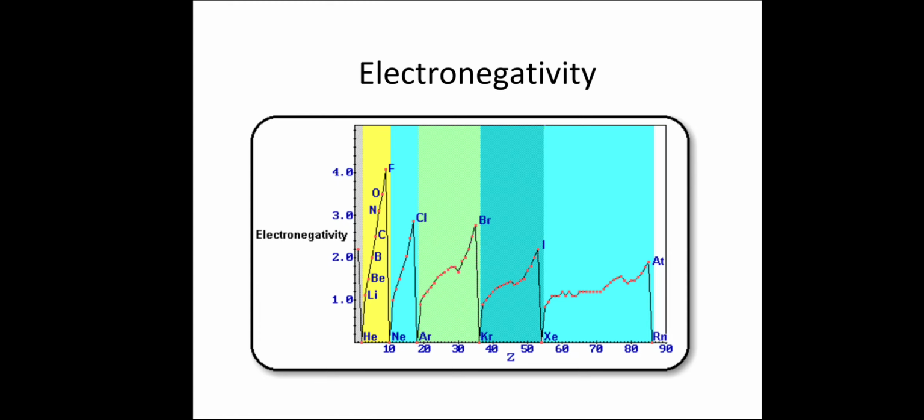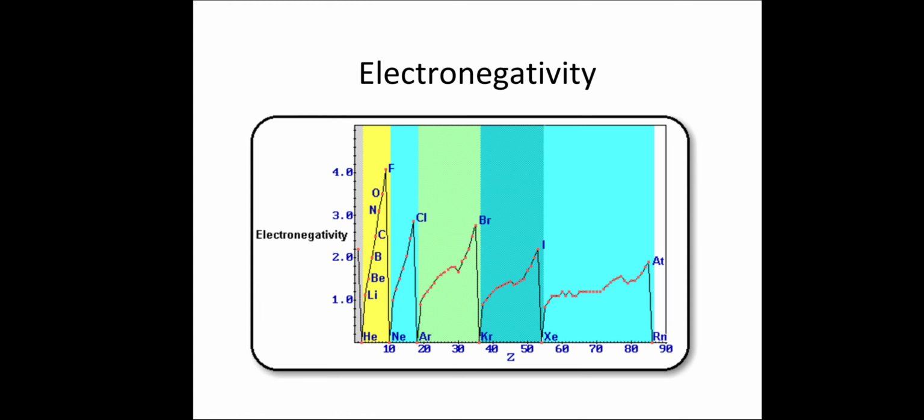But for halogens, that is fluorine, chlorine, bromine, iodine, the electronegativity values are very high, because they are one electron short of octet configuration, and they try to accept one electron, and that accepted electron is held tightly by the halogens. Therefore, their electronegativity values are very high.